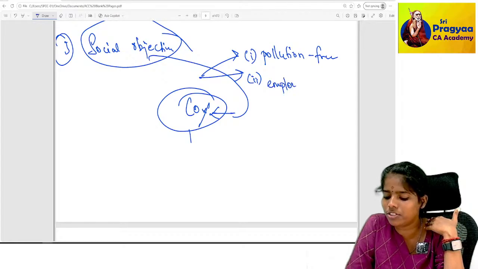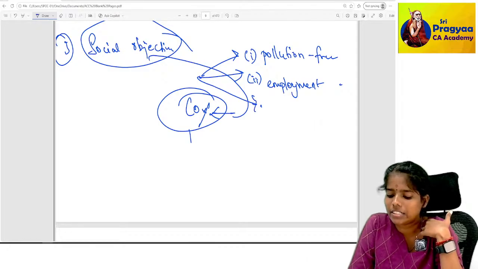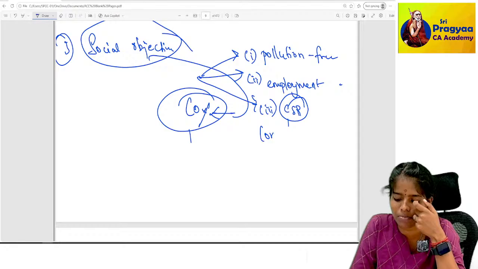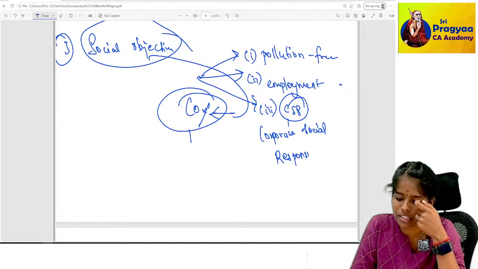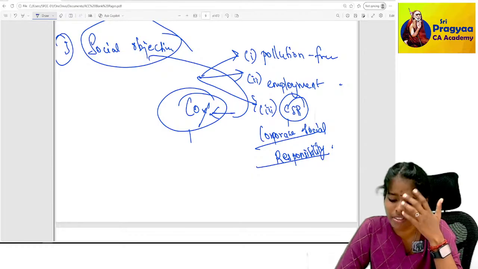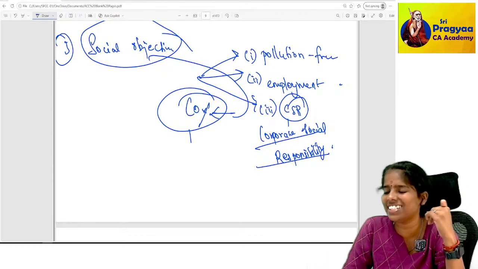You need to create job opportunities for the people in the society. Next, CSR initiatives, corporate social responsibility. It is made mandatory for big private companies. They have to fulfill this. Even if they do not have that responsibility, they can fulfill it by doing other good deeds in the society.